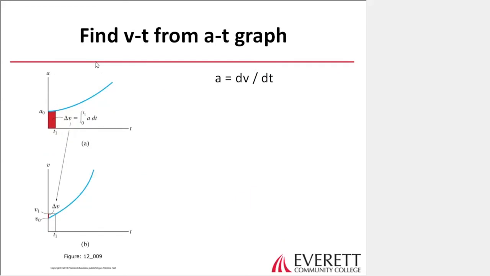Finding the v-t graph from the a-t graph is just going backwards. This would be the same relationship as our shear and bending moment. How do we know? Well, we start with this equation, and then we say a dt equals dv, and I'm going to integrate both sides.